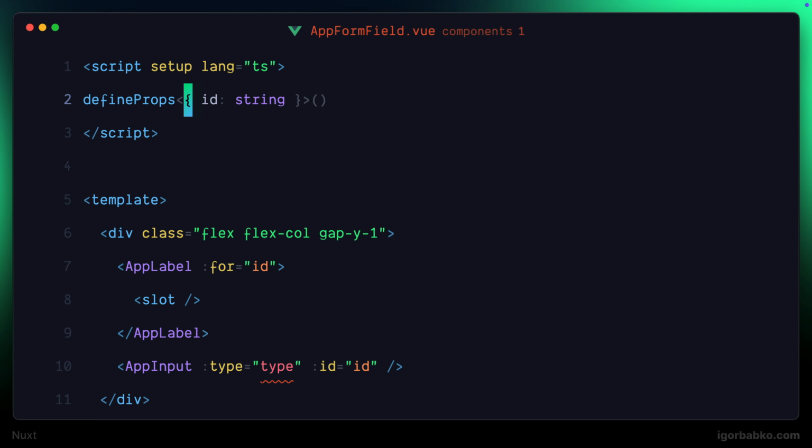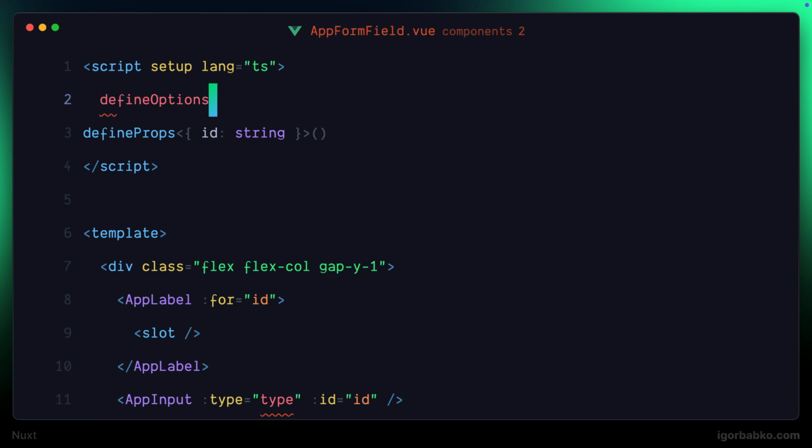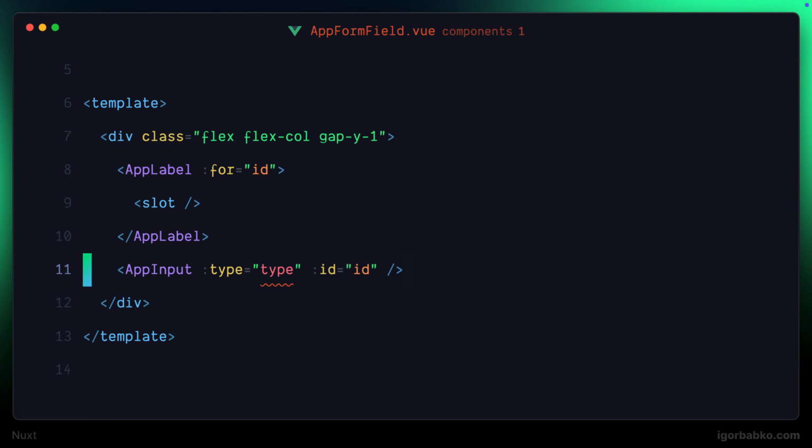First of all, I'm going to disable the default behavior of attribute inheritance by using the inheritAttrs property with a value of false. And then to specify the element which has to inherit all attributes, I'm going to use the v-bind directive and specify the $attrs variable in here.